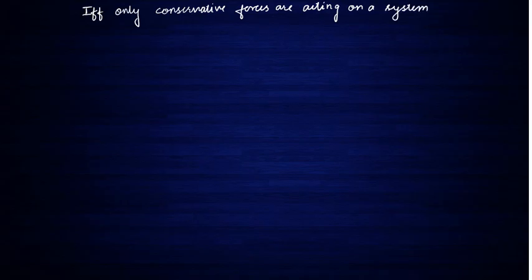If only conservative forces act, then we can use the work energy theorem to say that the work done by the conservative forces is equal to the change in kinetic energy. This simply is the work energy theorem. Now this work is of conservative forces.